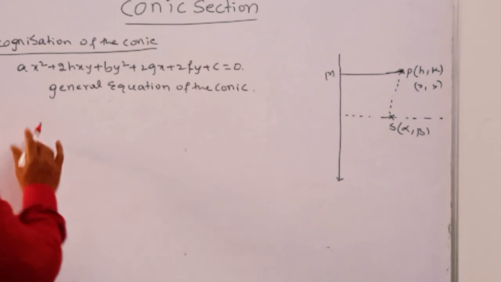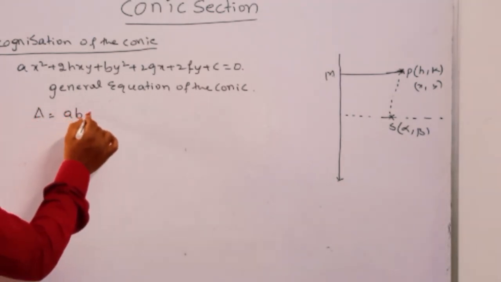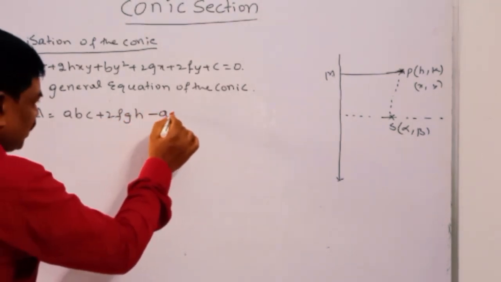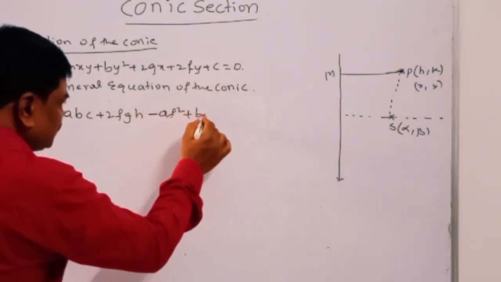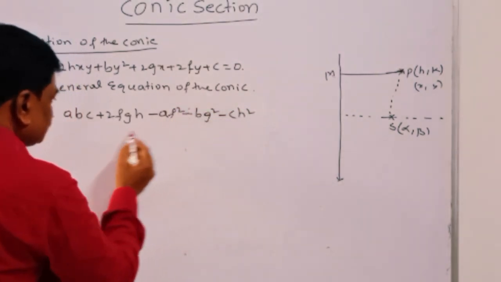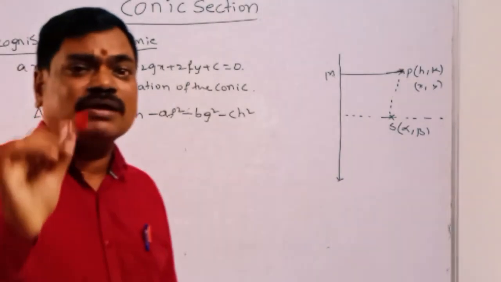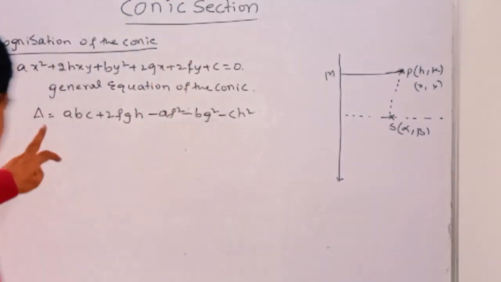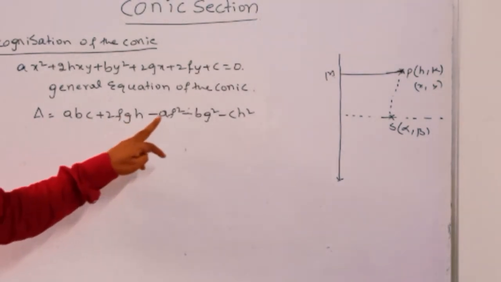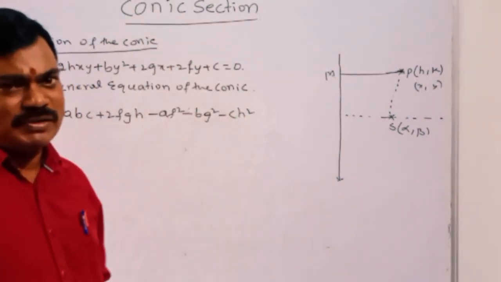And in this, delta is equal to ABC plus 2fgh minus AF square minus BG square minus CH square.